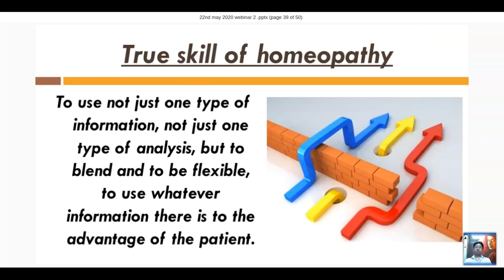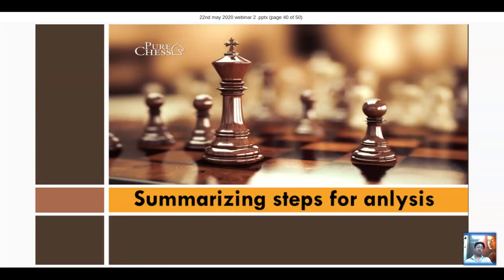For me, homeopathy is to use not just one type of information or one type of analysis, but to blend and be flexible, using whatever information is there for the advantage of the patient. This is very important. Now we summarize everything we discussed today.